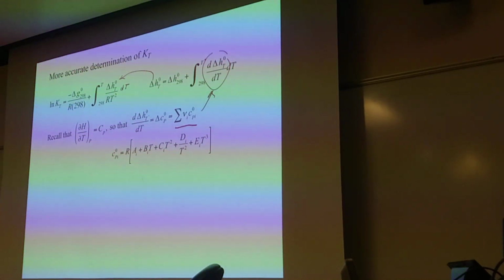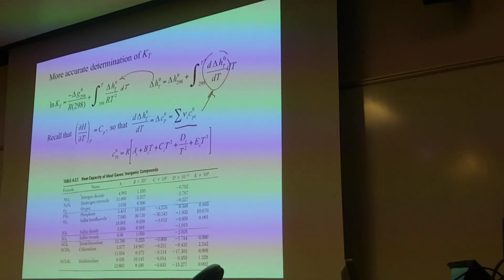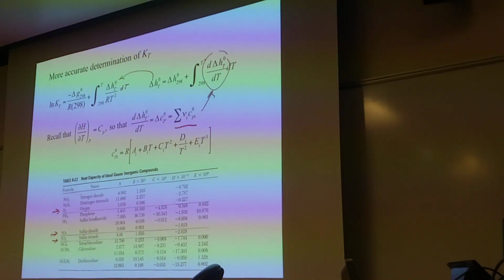And we've got these tabulated for quite a large range of different substances. And so we will pick out the ones of interest to us: oxygen, SO2, and SO3. Here we see we don't have a value of C or E, so we're lucky that way. So it makes our computations a little bit simpler, but we have the values for A, B, and D. So we should be able to evaluate this.